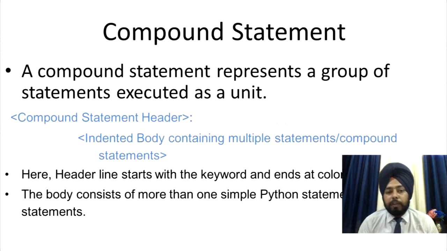Here we learn compound statements. A compound statement represents a group of statements executed as a unit, meaning in compound statements the units are executed as a group. The example is given here: compound statement header, then the body of the statement.